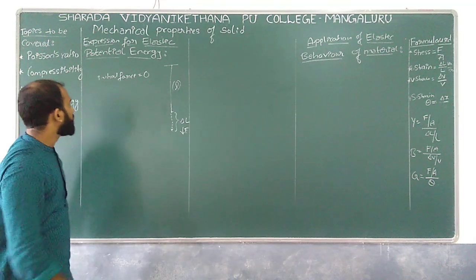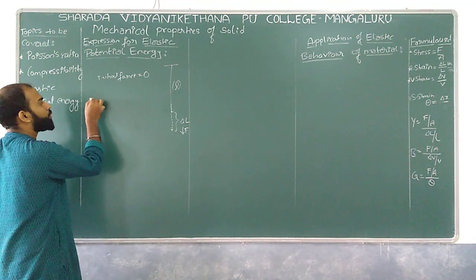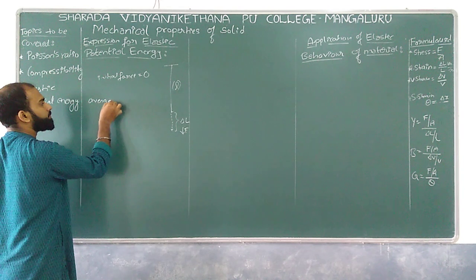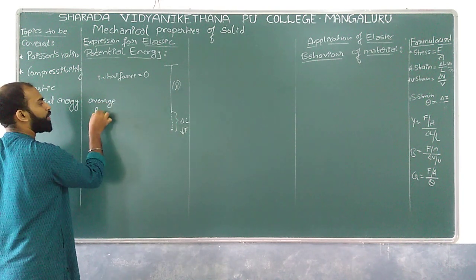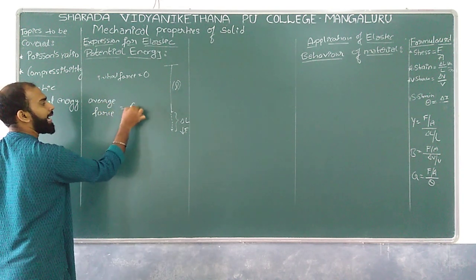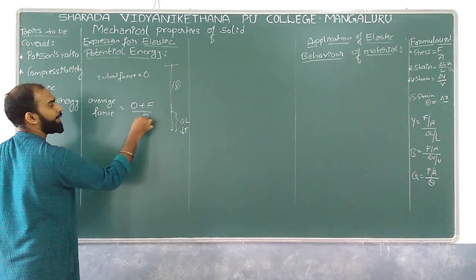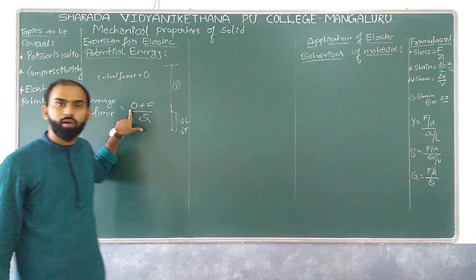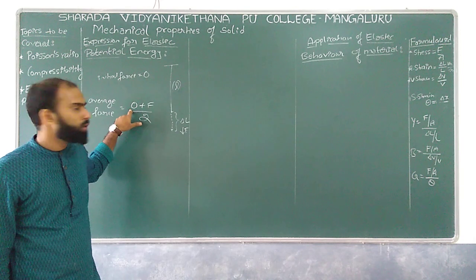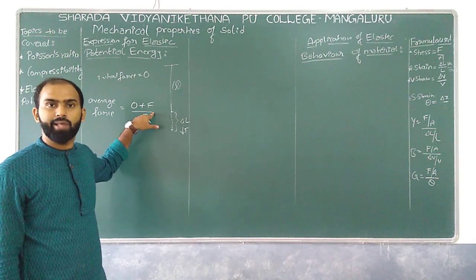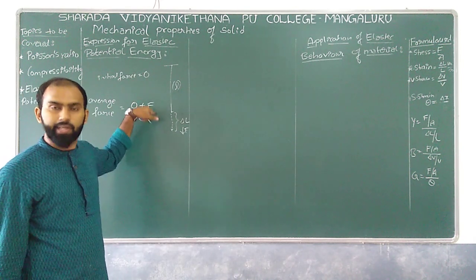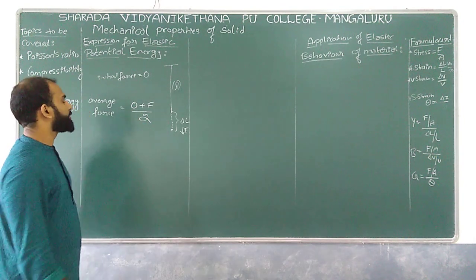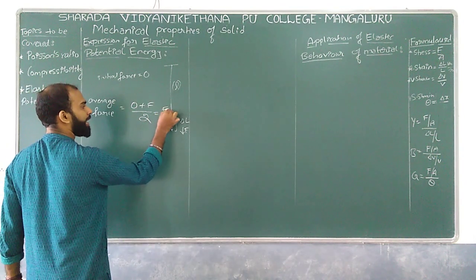Correct? Now, how to take the average force? The average force is equal to 0 plus F divided by 2. Initially I have not applied any force, that is 0. Then after applying the force, that is F. To take the average, divide by 2. So the average force is F by 2.